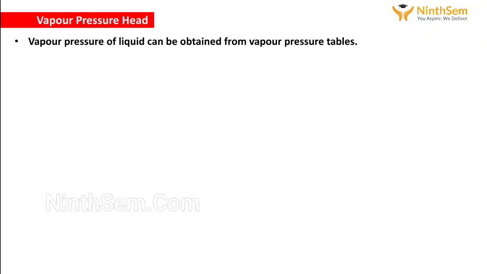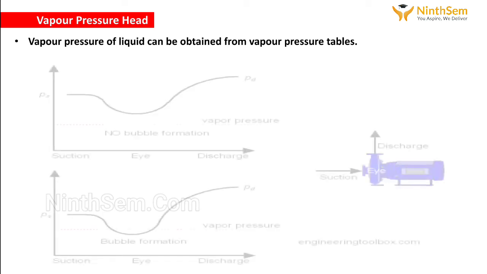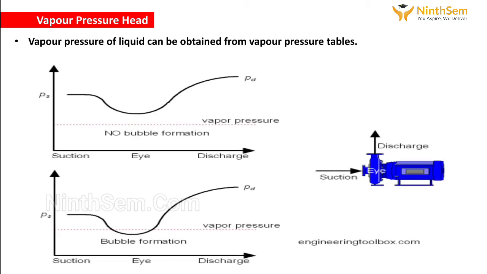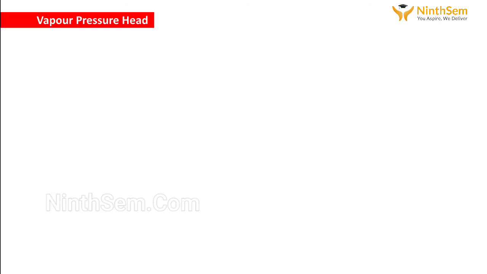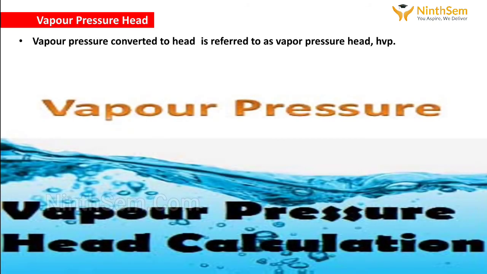Next, come to vapor pressure head, HVP. The vapor pressure of liquid can be obtained from vapor pressure tables. When the vapor pressure is converted to head, it is referred to as vapor pressure head.